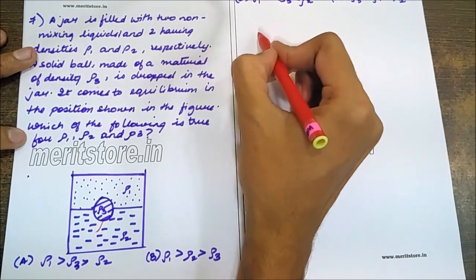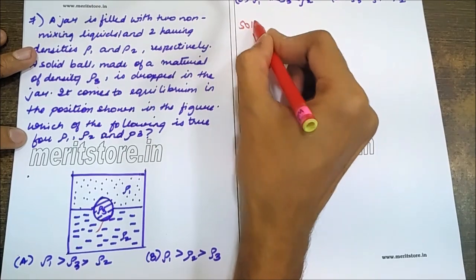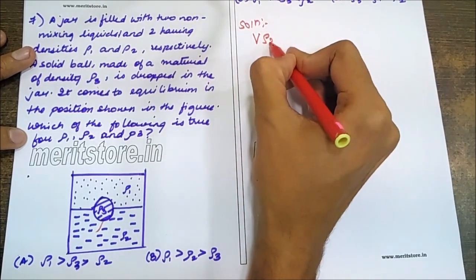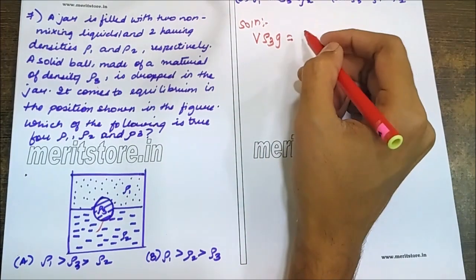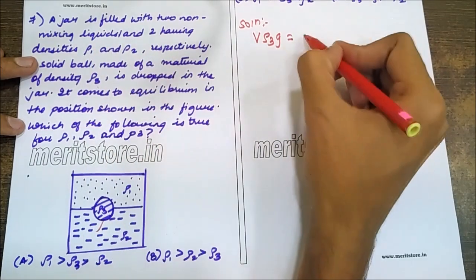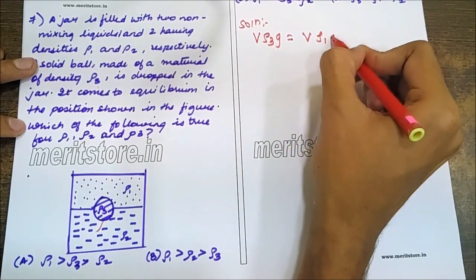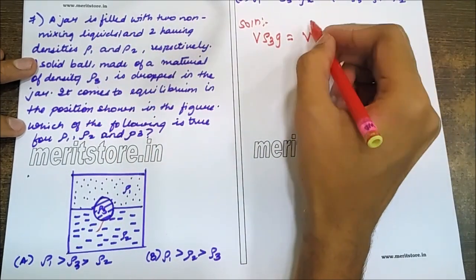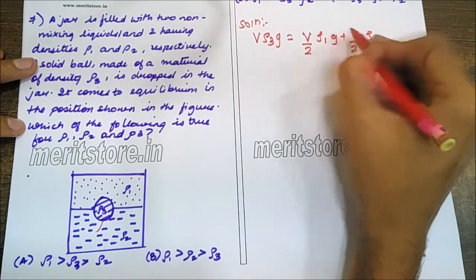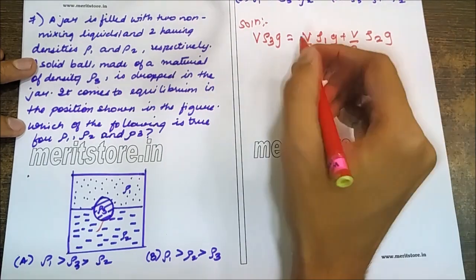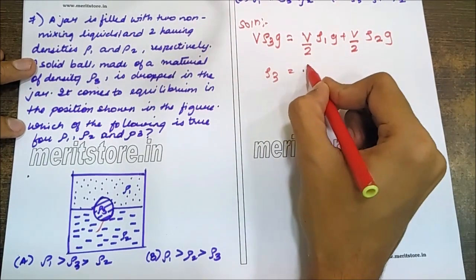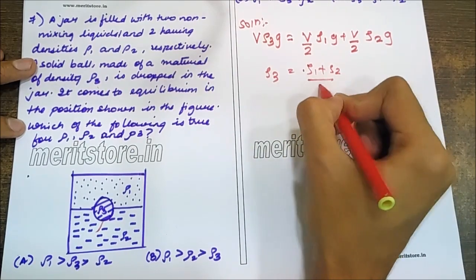So at equilibrium we have V rho 3 g, the density of the ball, equal to V rho 1 g over 2 plus V rho 2 g over 2, since they are half filled. So rho 3 is equal to (rho 1 plus rho 2) upon 2.